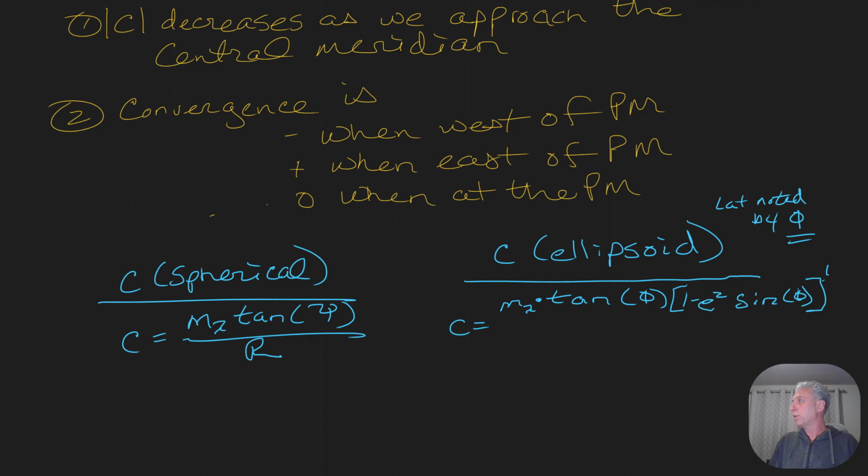And it's the square root of everything in the brackets. Now over here we were over r, here we're over a, which is the semi-major axis of the ellipsoid. So between that flattening component here, and the fact that we're using the semi-major axis, that is how we account for that non-uniform radius.